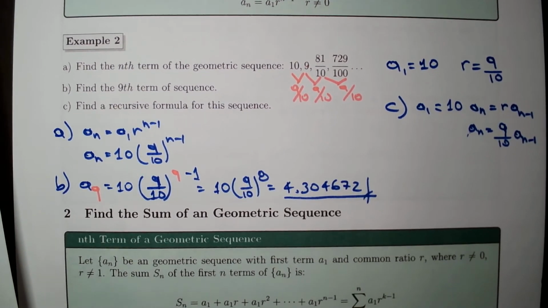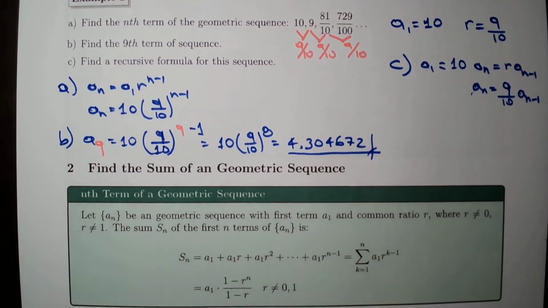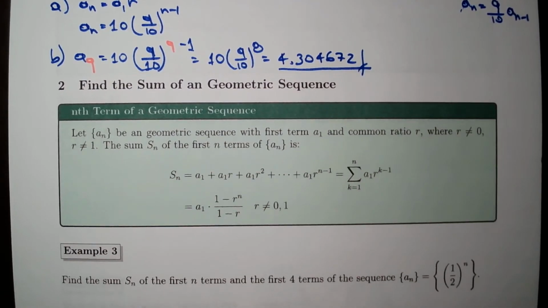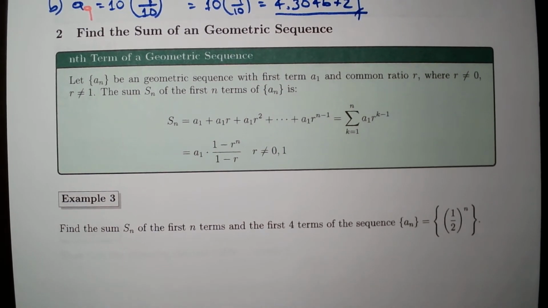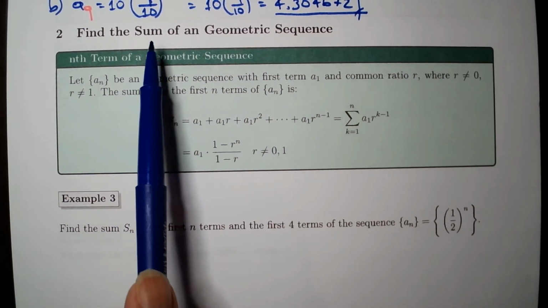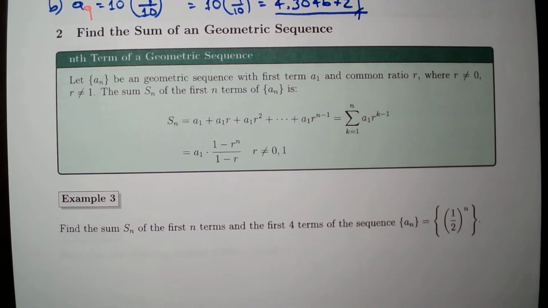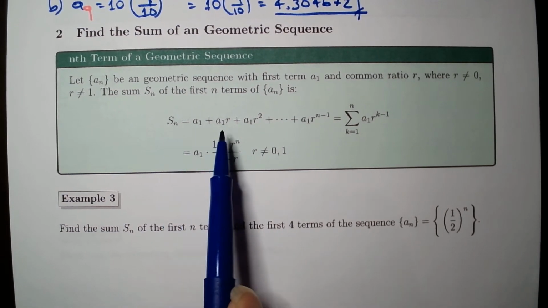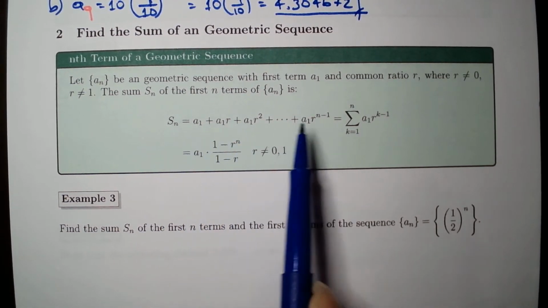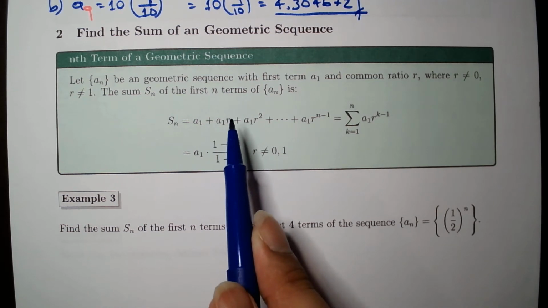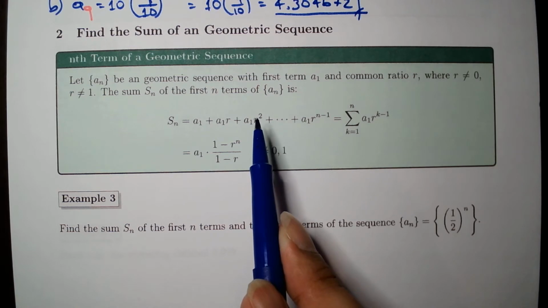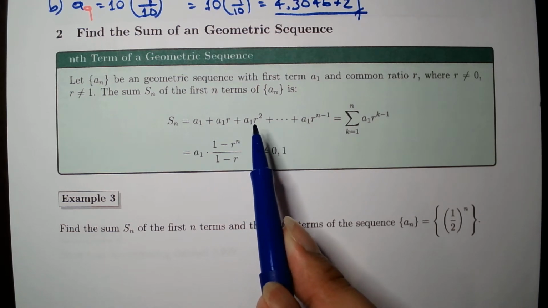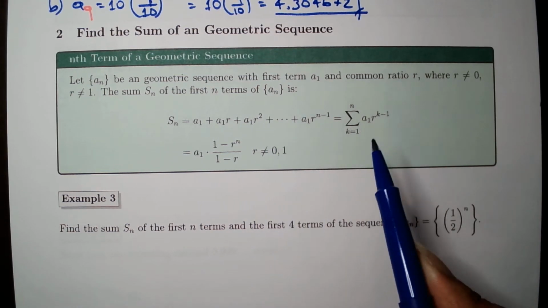All right, now just the same way we did our arithmetic series, adding the terms of an arithmetic sequence, we're going to do the same to find the terms of a geometric sequence. So again, recall the form of the geometric sequence. You multiply by r and then plus the first term times the common ratio squared, and then r cubed, and so on and so forth.